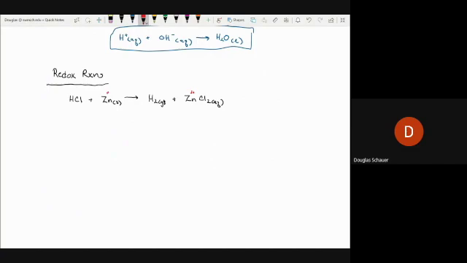All right, so the first thing that we're going to do is we're going to convert this to the net ionic equation because it's going to make things a little bit easier for us. So the HCl is going to break up into H plus and Cl minus.